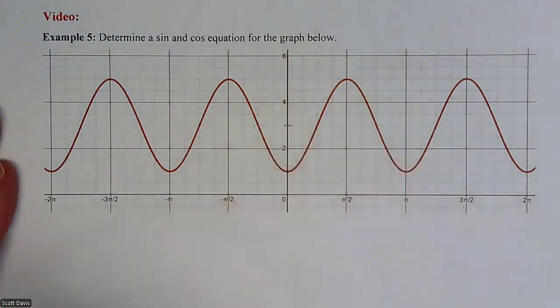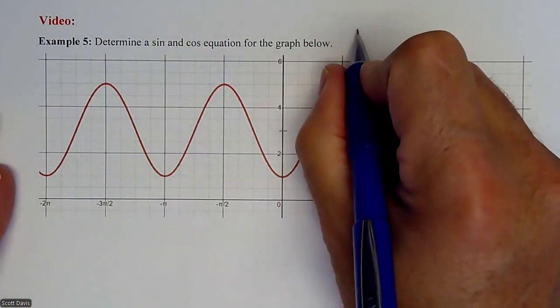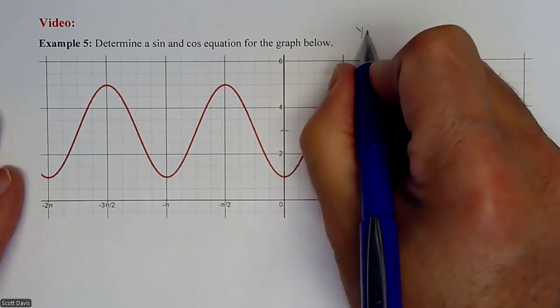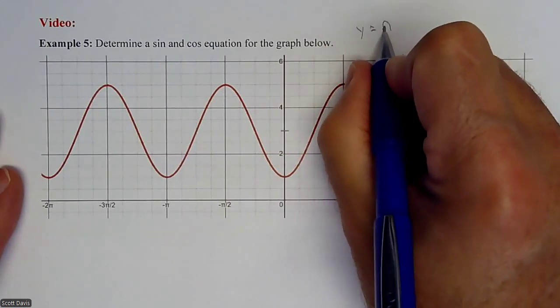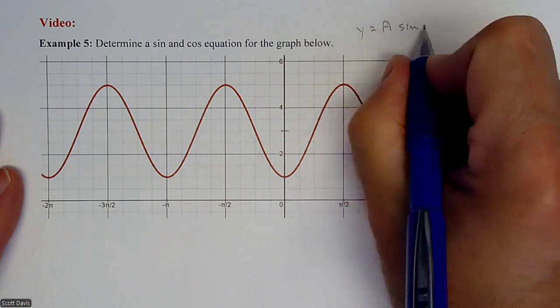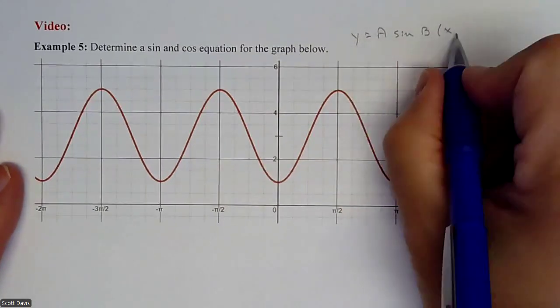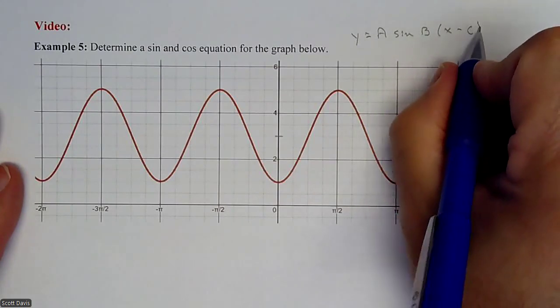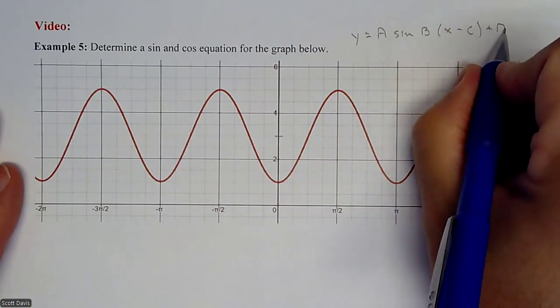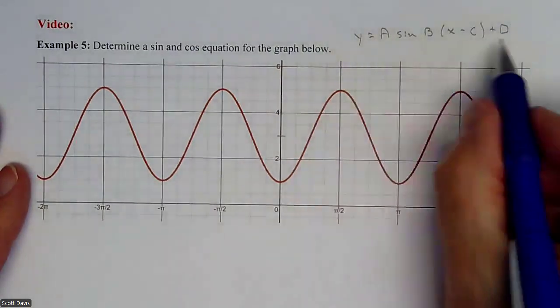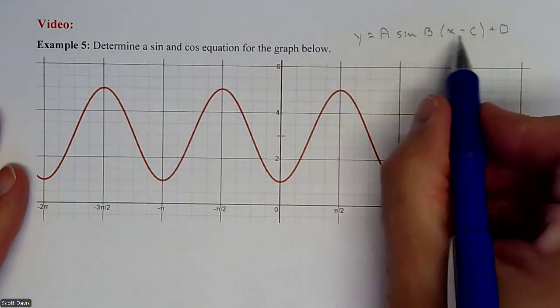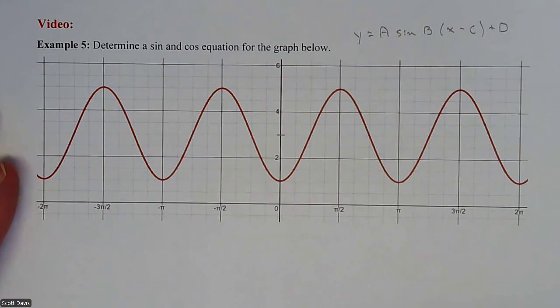And so at the end of this, we're looking for either a sine or a cosine, then B, a period adjustment, a potential phase shift, and a midline. Whether that's a sine or a cosine just depends on the situation.